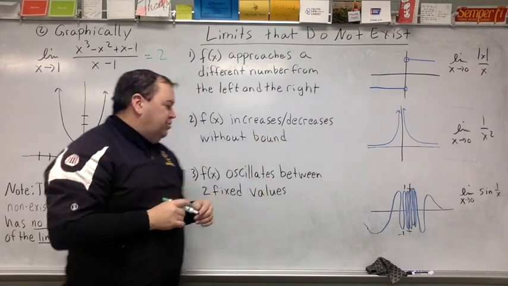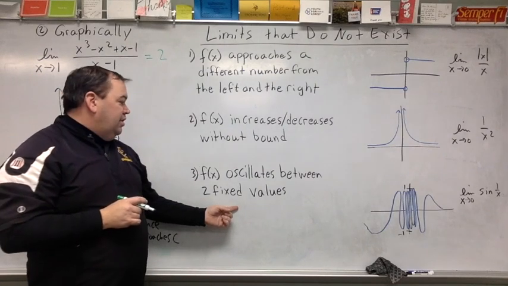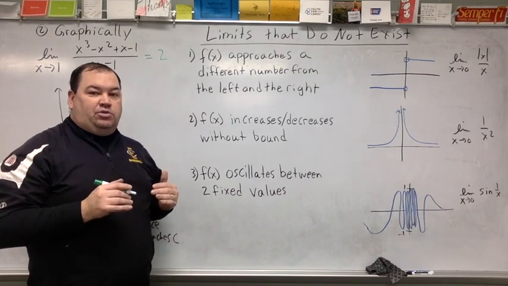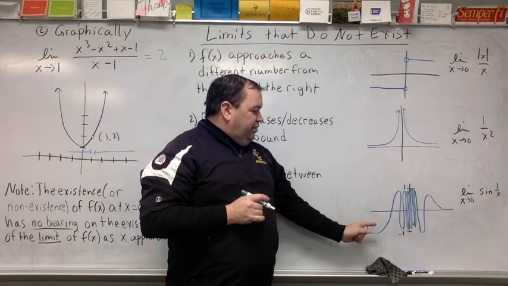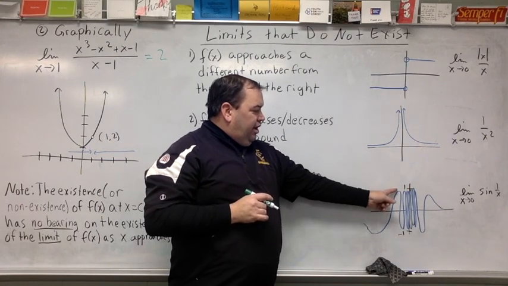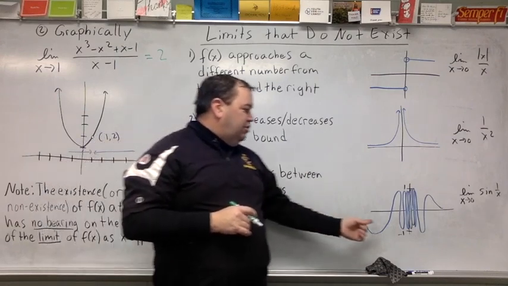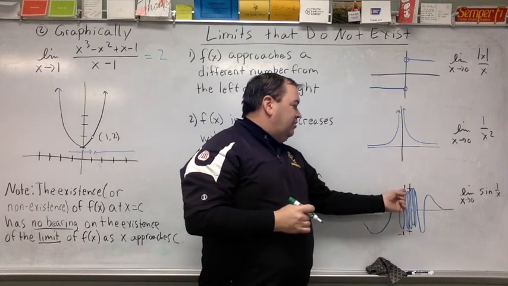The last one comes to us from trig. This talks about oscillating behavior. When things oscillate, they kind of bounce between 2 values. So in our example over here, this sine function, if I start plugging in a value over here, I might get a positive 1. But if I get a little closer to 0, I get a negative 1. I get closer yet, and I get a positive 1.